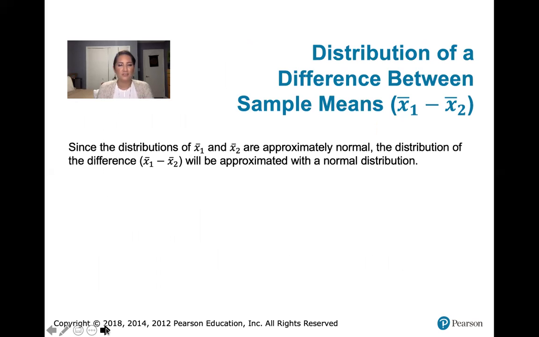And if the distributions of each of those variables is approximately normal, the distribution of their difference is also approximately normal. And it turns out that the mean of that difference is equal to the difference between the true population means, mu sub 1 and mu sub 2.